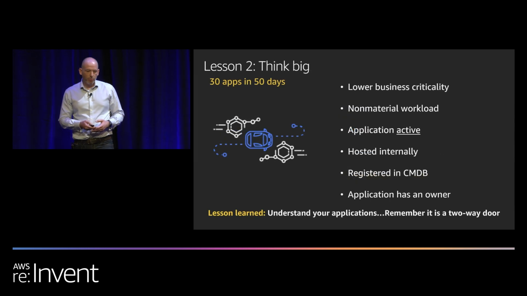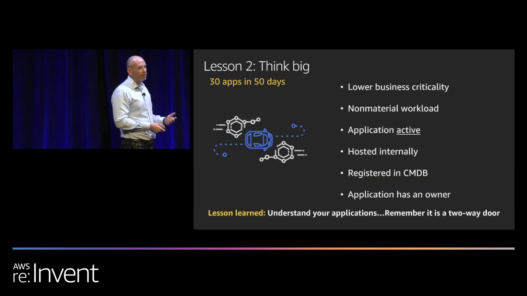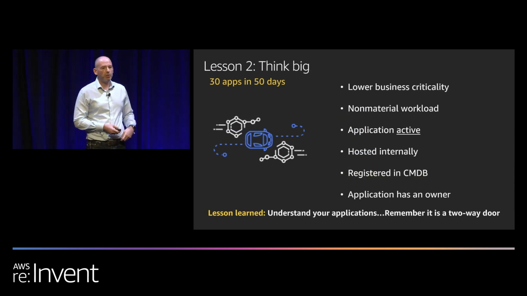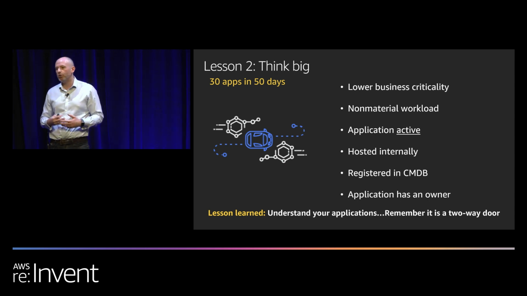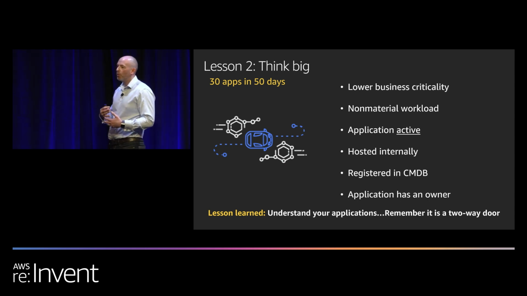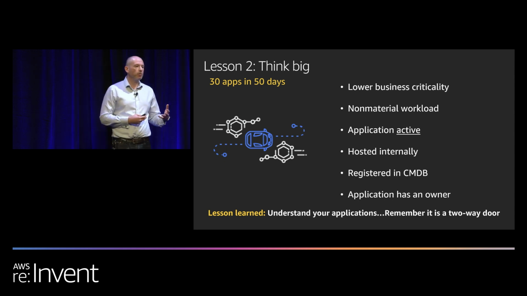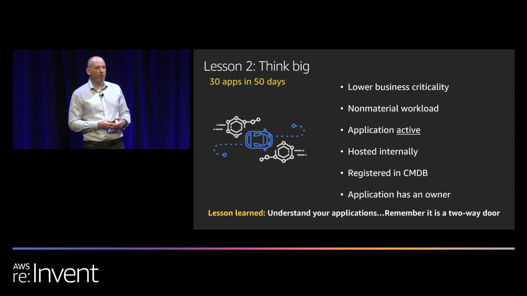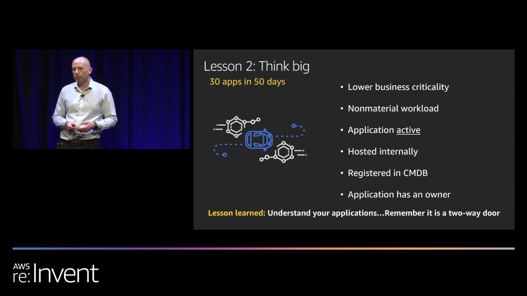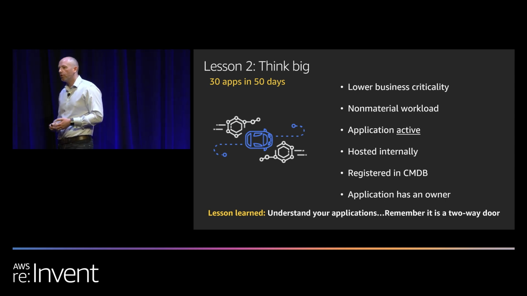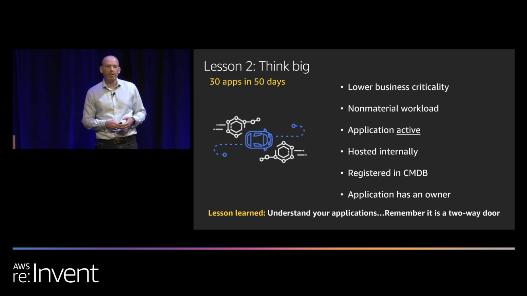Now, we also had to think about how do we start, and that's one of the key things. There's lots of options here. There's lots of opportunity to spin your wheels thinking about where you can focus first in your organization. So we did some work with AWS ProServe and one of their partners to initiate a program called 30 and 50, so moving 30 apps to the cloud in 50 days.